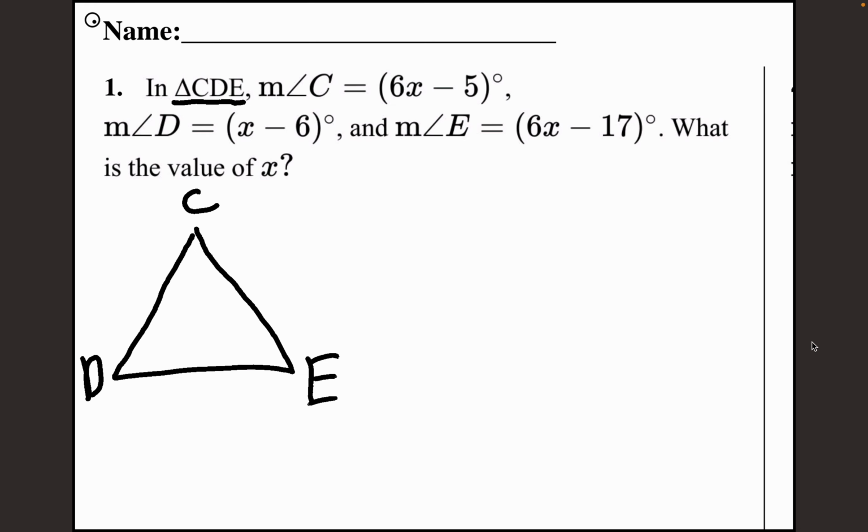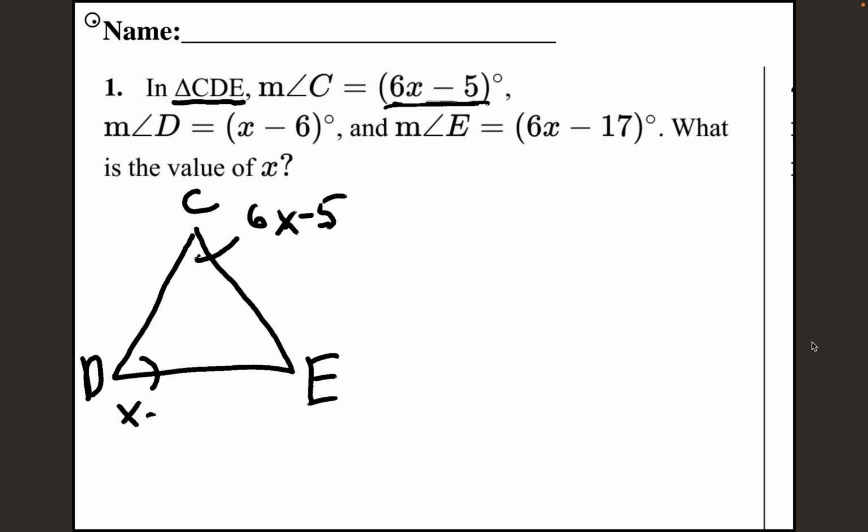Now that we have our triangle, and we have the name of our angles, we can go ahead and label them. So if I go from C, I'm just going to put an arrow here, and I'm going to put 6x minus 7, or I said 7, but I wrote 5. It is 5, and that's my angle C. So I'm going to do the same thing for D and E. I'm just going to record a little arrow just so I can see them.